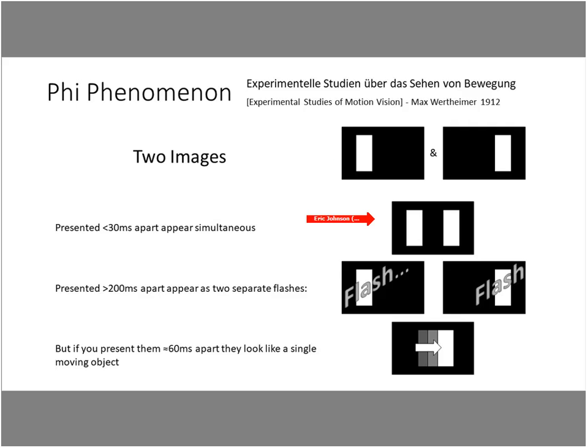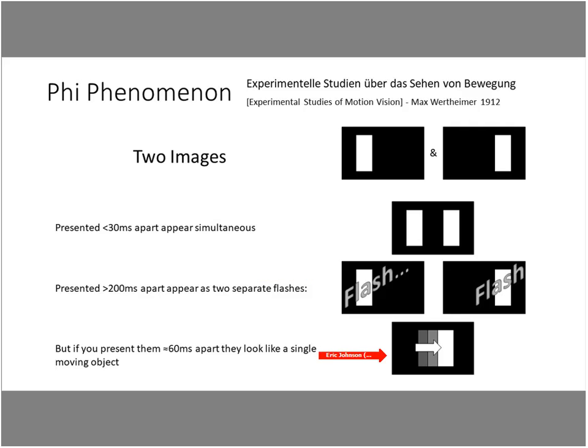So it would look like this. But if you presented them 200 milliseconds or more apart, plus or minus, you would effectively see a flash, and your eyes would see that it was two separate things being presented. But in between that 30 milliseconds and that 200 milliseconds, something really strange happens.